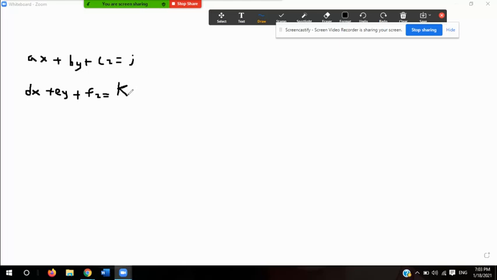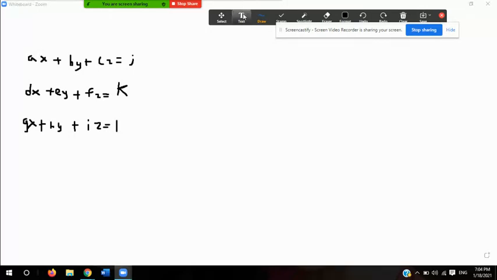And the last equation is gx plus hy plus iz equals L.